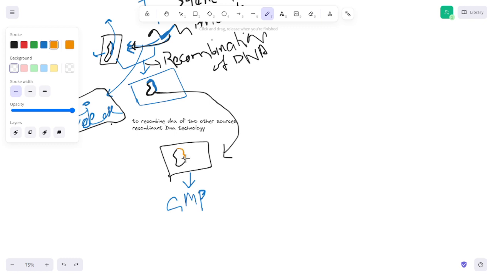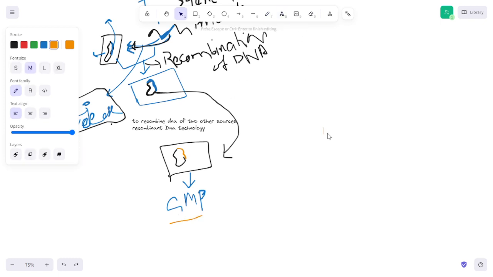So this bacteriophage cell is now known as GMP. GMP means, I'm writing here, genetically modified phage.